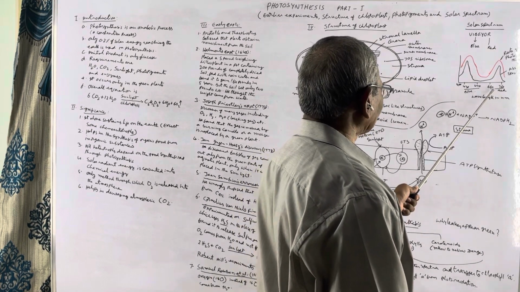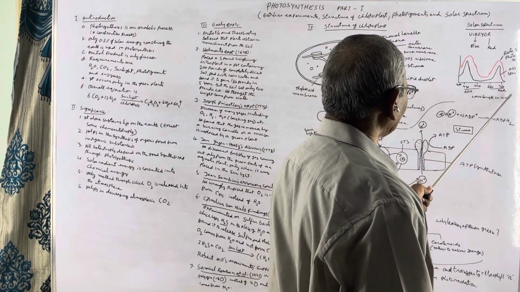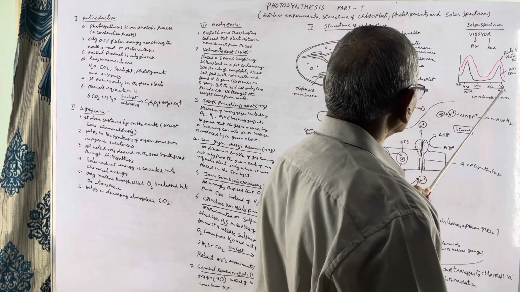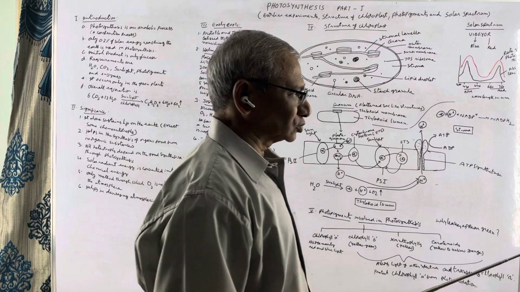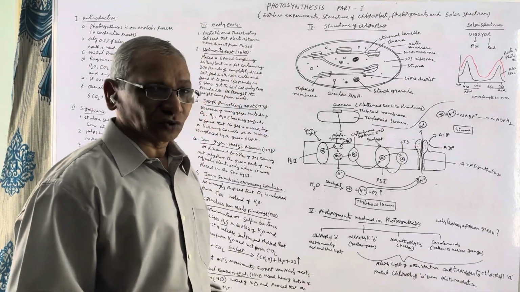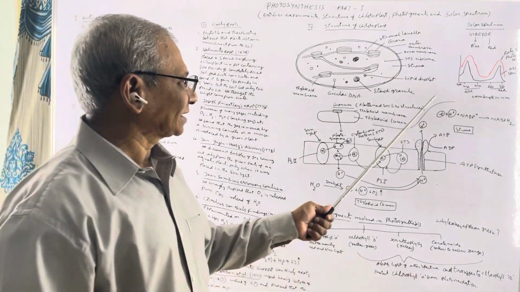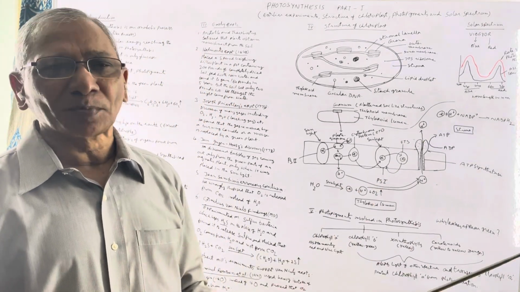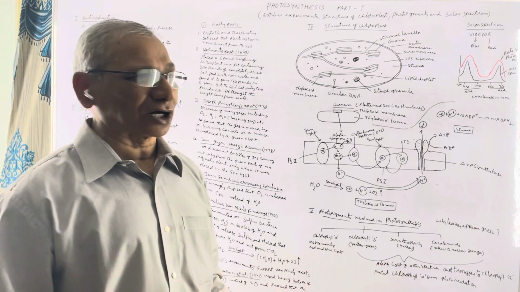The red light has 660 to 760 nanometer wavelength. Others I have not drawn because they are not so important. So for photosynthesis, blue light and red light are very important. Other lights are not so important. They are also employed but not so important.